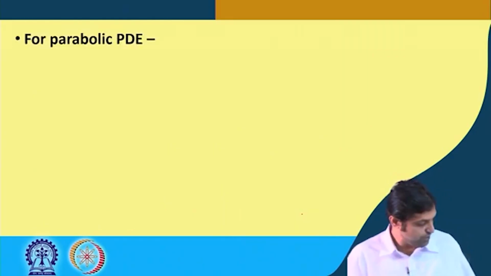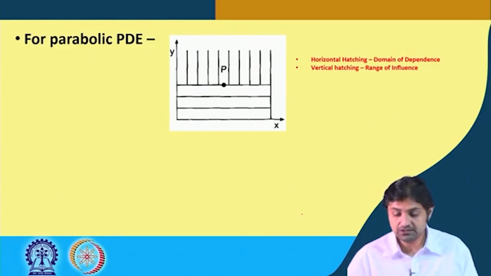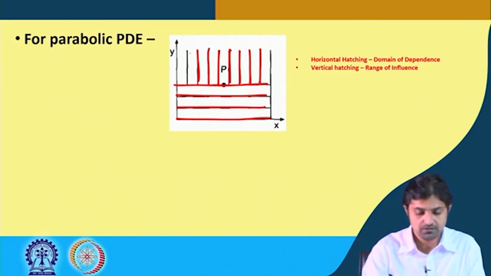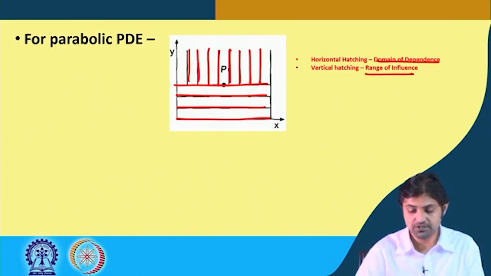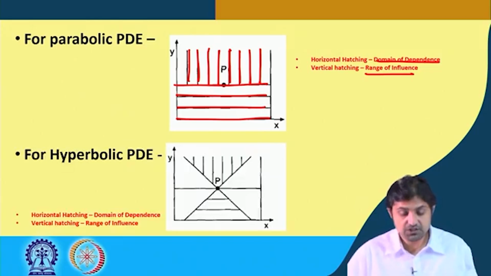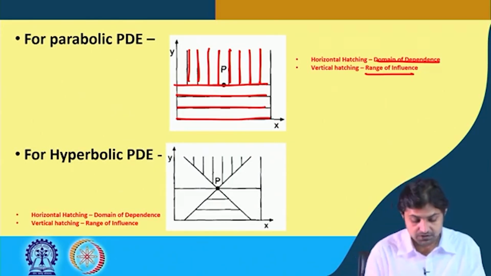Now, for a parabolic PDE, this is the domain of dependence, horizontal hatching, whereas the vertical hatching like these ones are the range of influence. Okay. For a hyperbolic partial differential equation, the horizontal hatching shows the domain of dependence, this one, whereas the vertical hatching shows the range of influence.